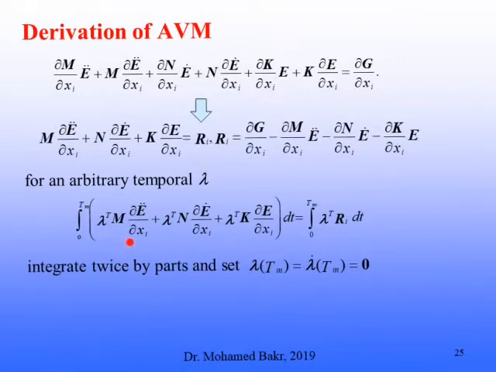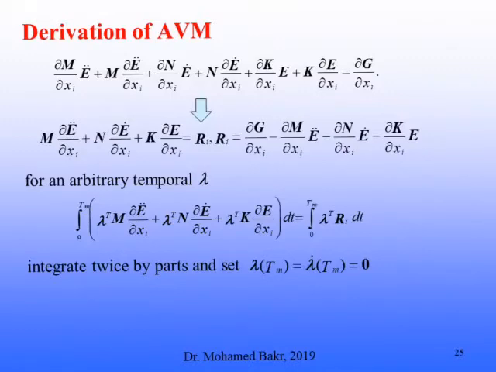You can integrate this term twice by parts. So this will give you, relative to time, partial e dot partial xi, and then you get here partial lambda transpose partial xi. You can again integrate this one by parts. This gives you partial e partial xi, and here this is going to be differentiated, so you get partial lambda transpose partial xi, and so on.